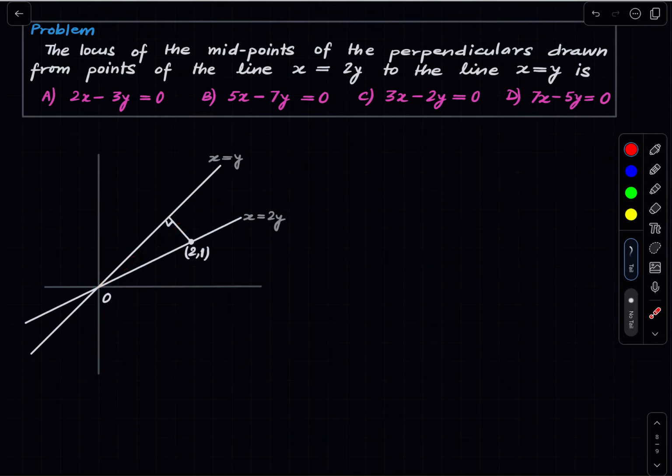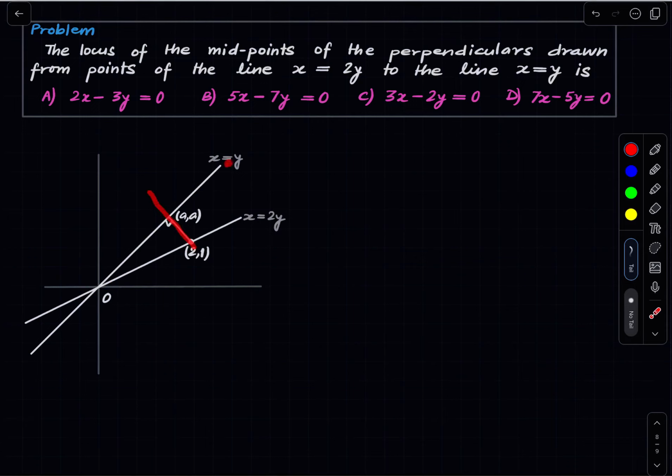Yeah, there must be various ways, but what is the most efficient way? Let's just try to locate the coordinates of this point, wherever this perpendicular lands. And since this point lies on this line, the coordinates of this point would be a comma a for some a. So let's say this is a comma a.